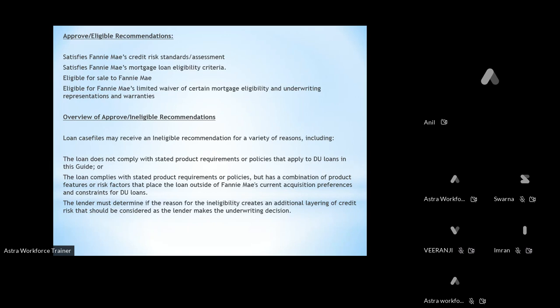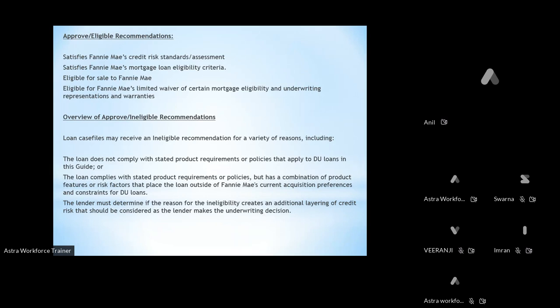Approve eligible recommendation: Satisfies Fannie Mae's credit risk standards assessments. Satisfies Fannie Mae's mortgage loan eligibility criteria. Eligible for sale to Fannie Mae. Eligible for Fannie Mae's limited waiver of certain mortgage eligibility and underwriting representations and warranties.